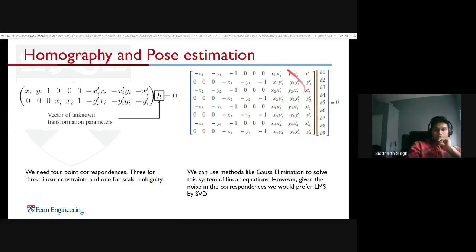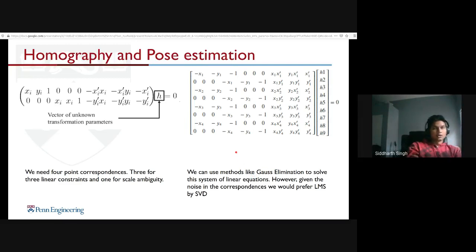So this matrix, we have a system of linear equations, right? And we can use methods like Gauss elimination to solve this system of linear equations. But there is a problem, that we will have noise in the correspondences, right?